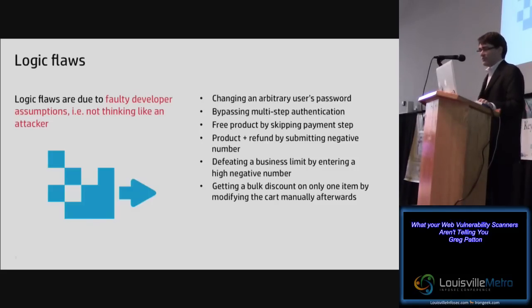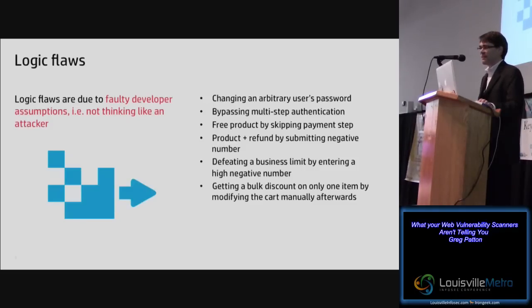Some other examples of logic flaws, something we see a lot, are bypassing multi-step authentication. We see this a lot more in consumer goods, where we bypass a certain step of a payment system. I'm sure you're familiar with traditional shopping cart functionality, where we add items to our shopping cart, then we put in a payment process, step 2, and then step 3 is we decide how those items are going to be shipped and where.